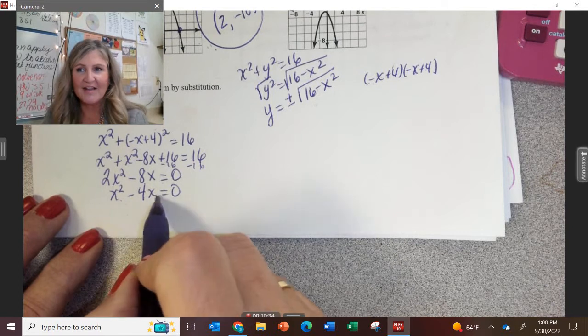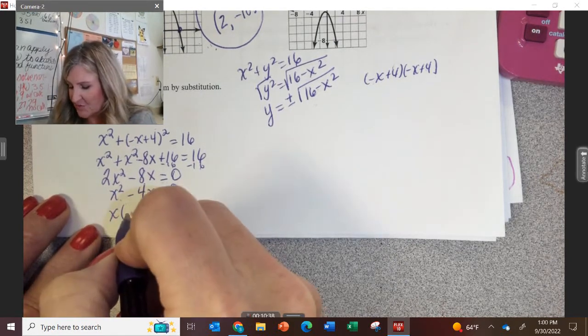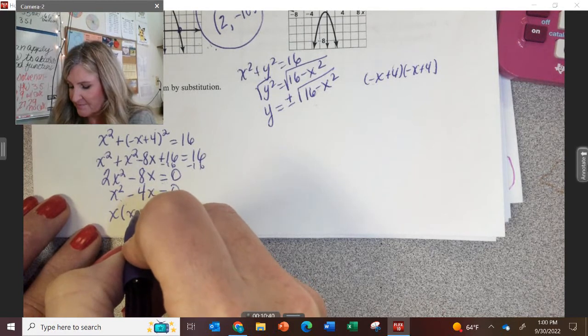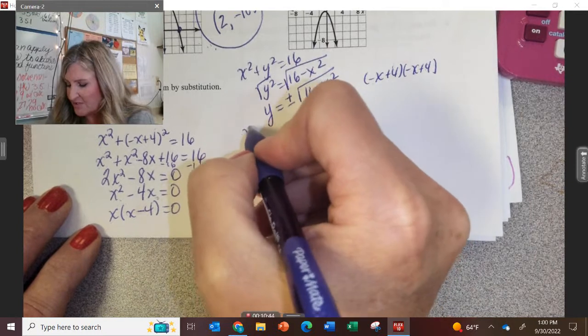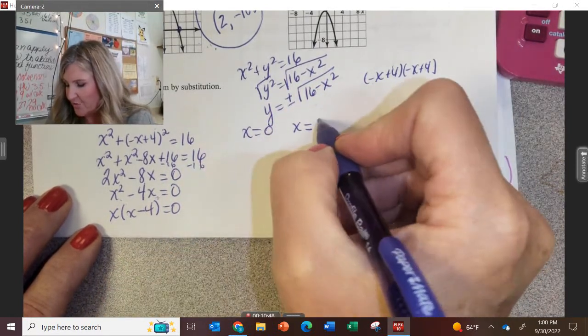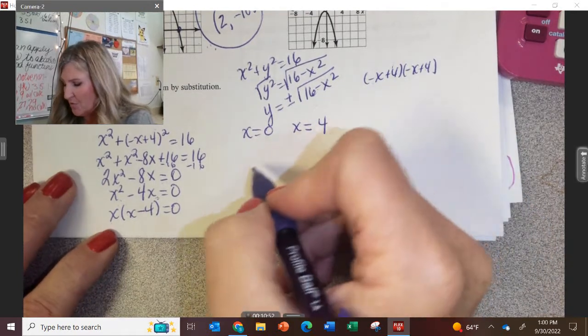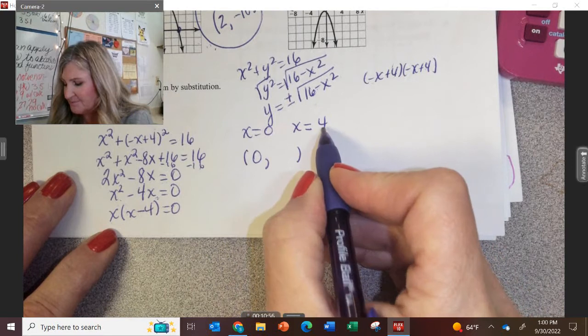What can I now factor out of here? X. And then what am I left with? X minus 4, right? So now I have x equals 0 or x equals what? 4. I get 2 points there. So one is going to be 0 comma something.